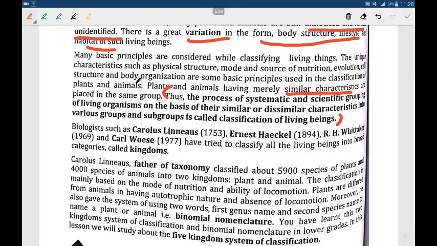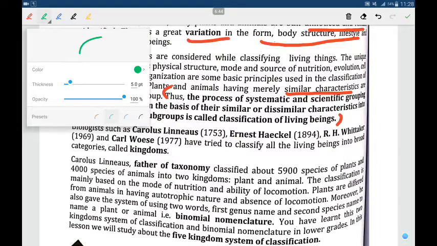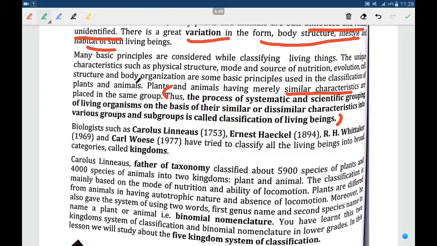Now here is one definition. It is the definition of classification of living beings. How to define classification of living beings? It can be defined as the process of systematic and scientific grouping on the basis of their similar or dissimilar characteristics into various groups and subgroups.